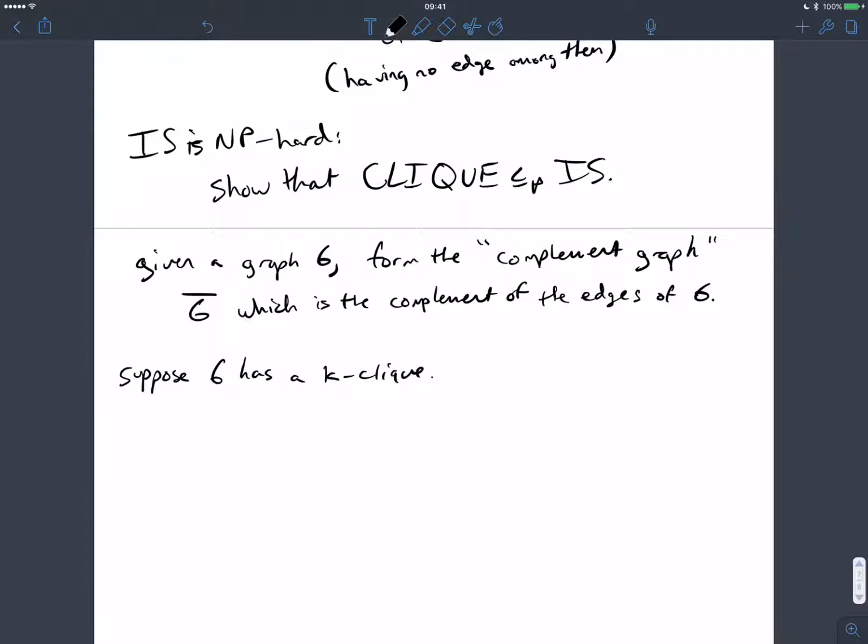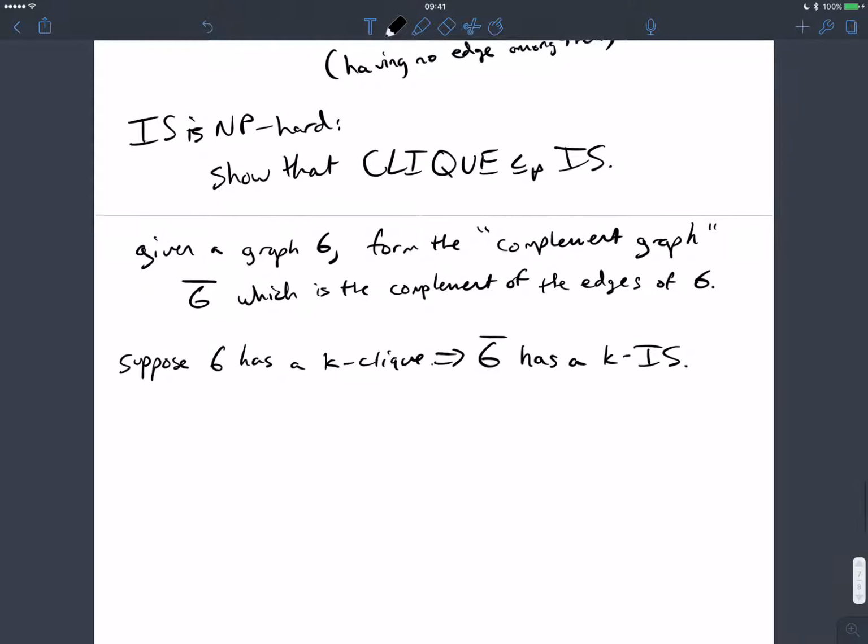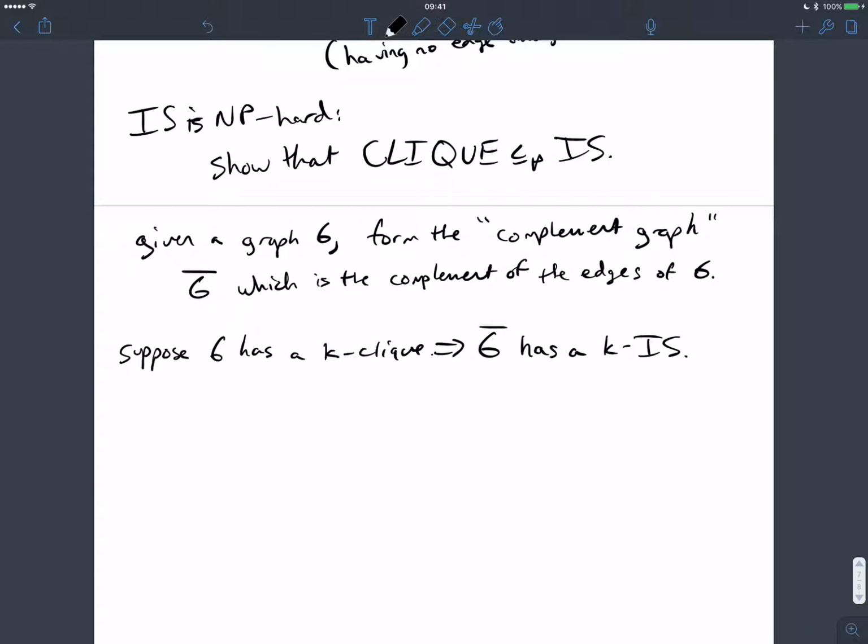Oh, sorry, a k-independent set. Yes, because complementing the edges means that if it had a k-clique, it has an independent set of the same size. So this implies G bar has a k-IS, I'll say, k-independent set.